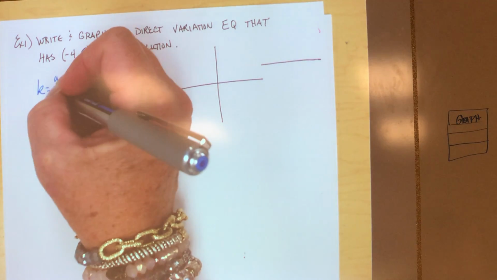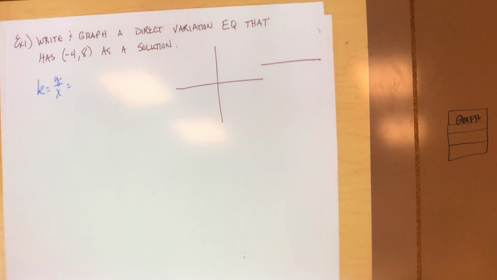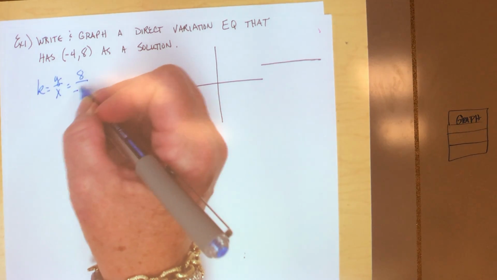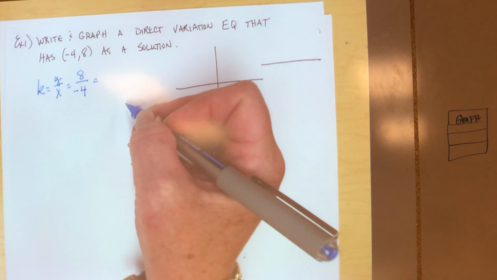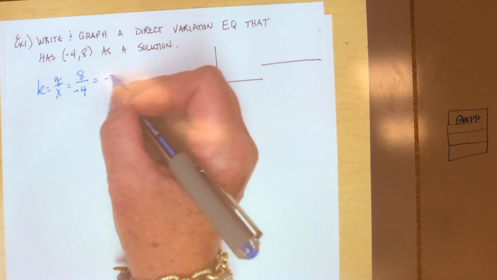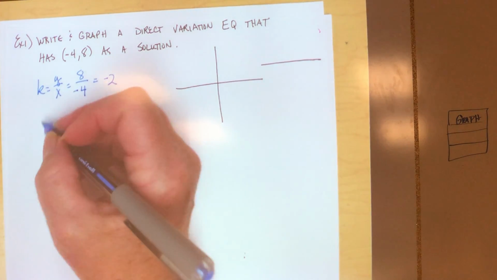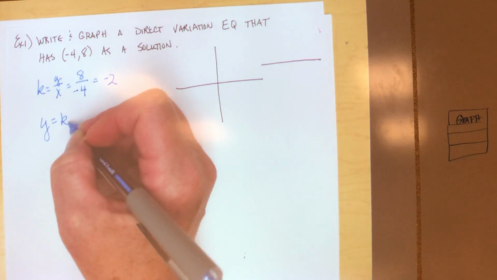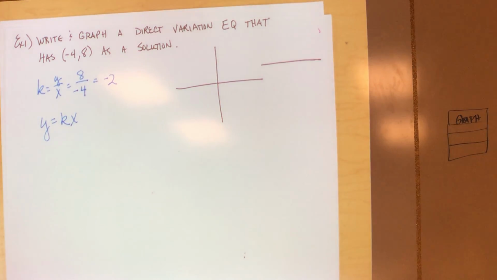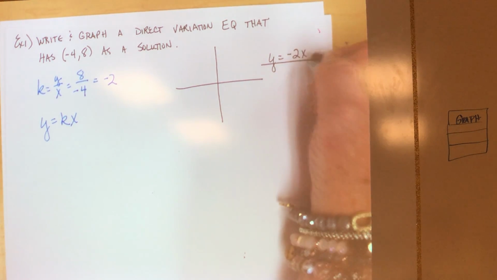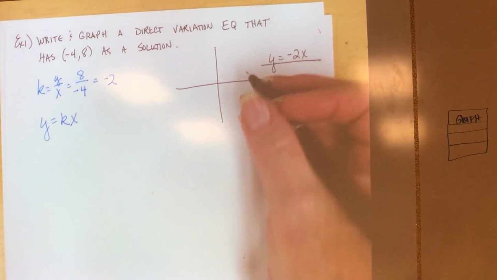What is the y value? 8, when x is -4. What is 8 over -4? So y is equal to kx. What's my equation? y equals -2x.